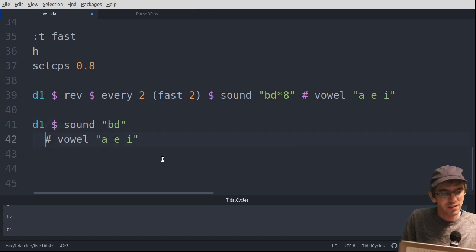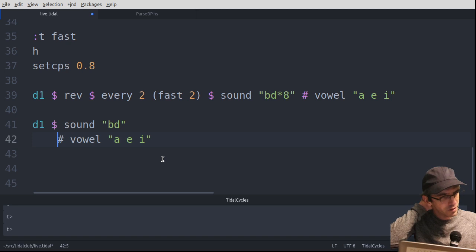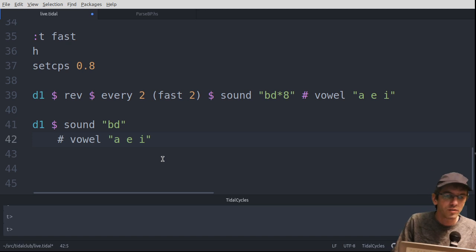Yeah, there are indentation rules basically in Haskell. And it's something I've just learned to use without understanding exactly what it's doing.